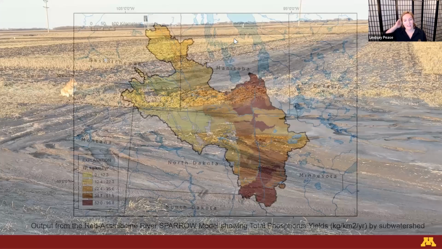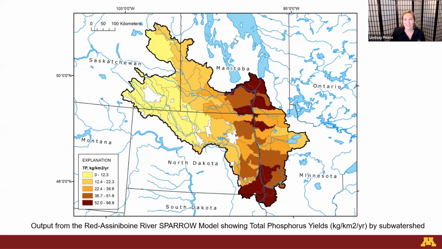And I thought this was interesting because this shows both of our regions as well. When you're looking across, this is modeled data, really Minnesota leading into Lake Winnipeg has a lot more erosion potential than where you all are at in Saskatchewan.